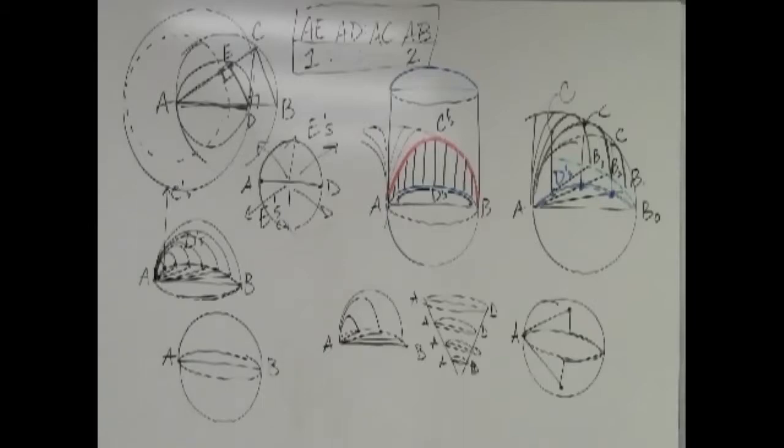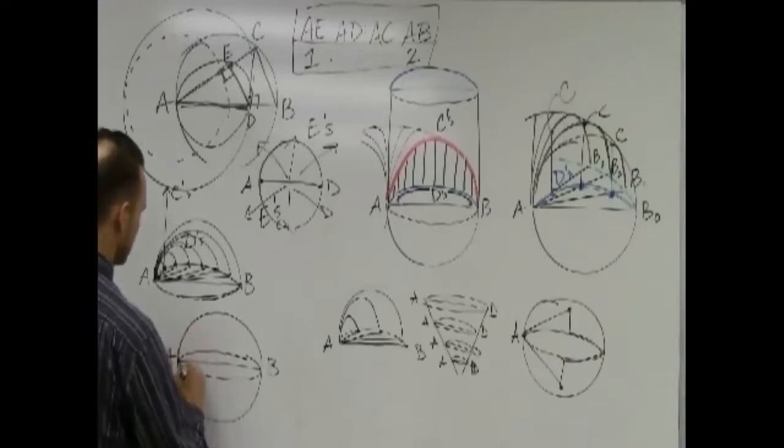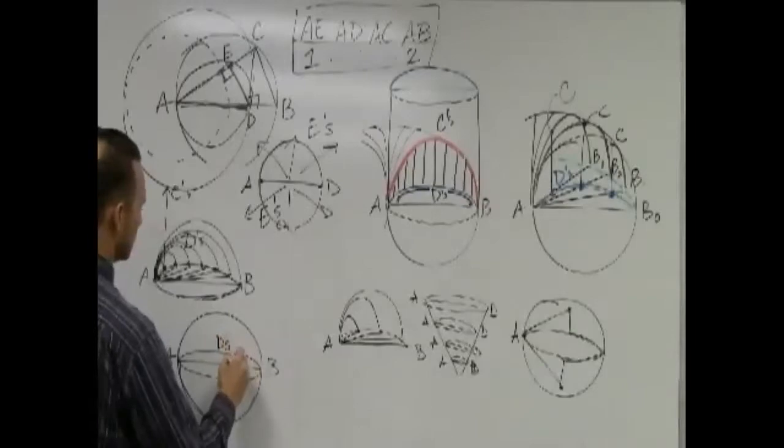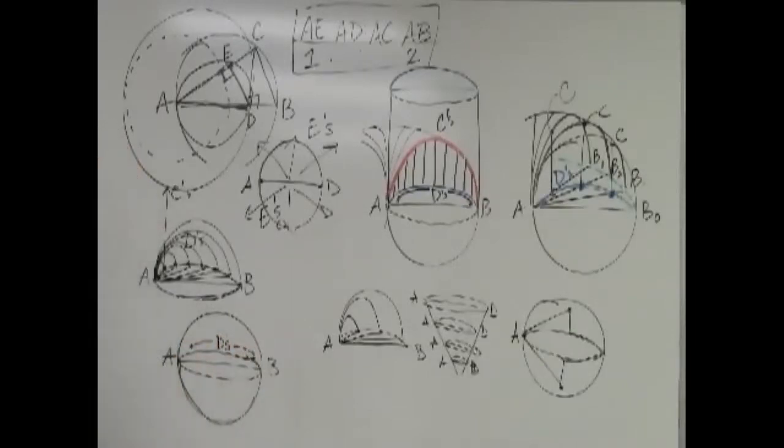So what's along the surface of our D's back here? If our D's are along the back end of the equator of our sphere, what points are along the surface of the sphere?